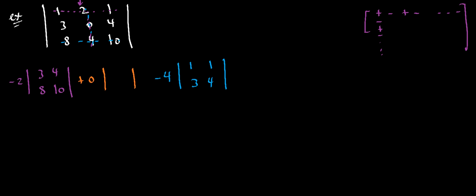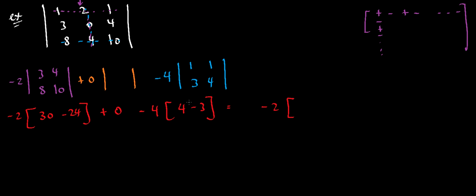So let's do the computation. You get -2 times the determinant of this matrix, which is going to be 30 minus 24, plus 0 minus 4 times 1 times 4, which is 4, minus 1 times 3, which is 3. So you get -2 times, I'm sorry, this should be 32, because 30 minus 4 times 8, which is 32.